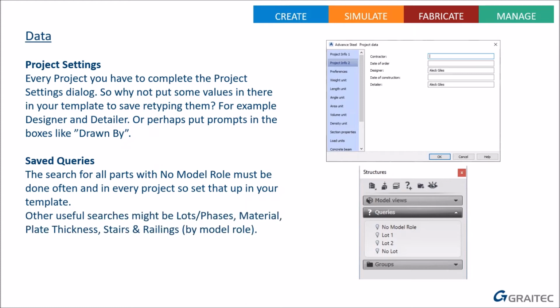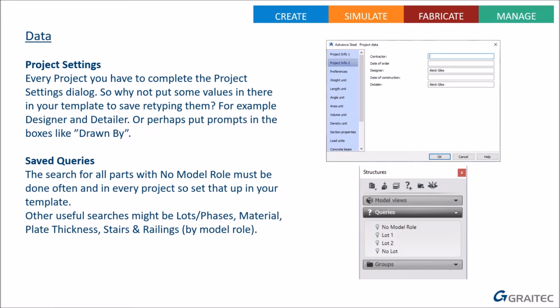There are other things you might want to search for as well. Depending on how you work, if you use lots and phases quite frequently, you can see in my picture here I've got a search for lot 1, lot 2 and no lot. You can search for materials, S355, S275, stainless steel, timber, or whatever. Plate thicknesses. You can search for stairs and railings by listing a whole load of different model roles that you want to include in the search.